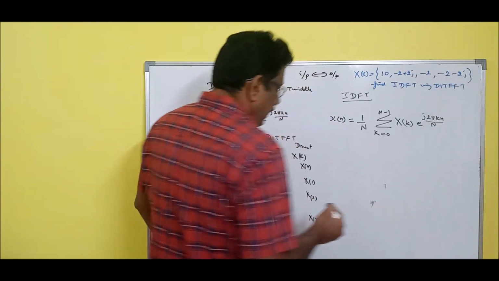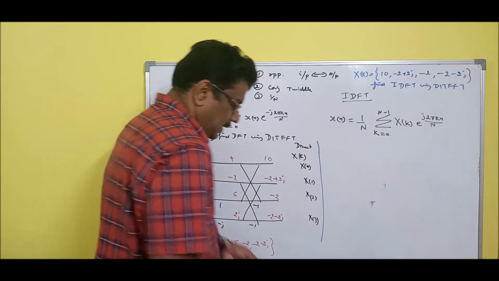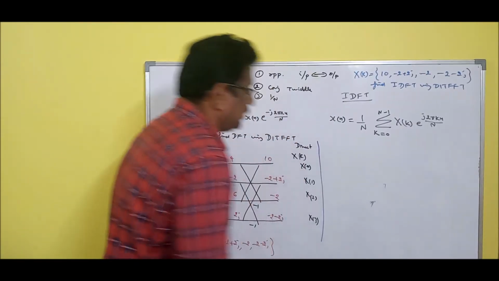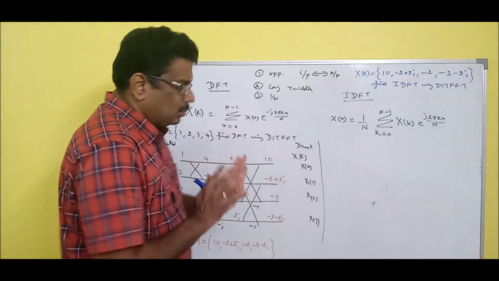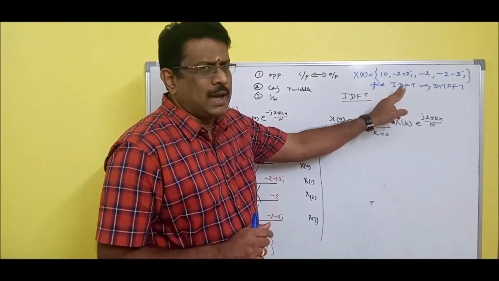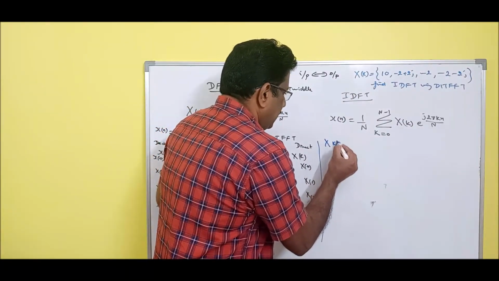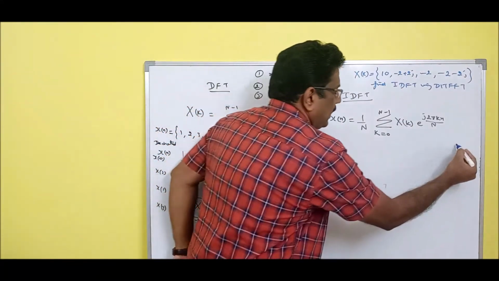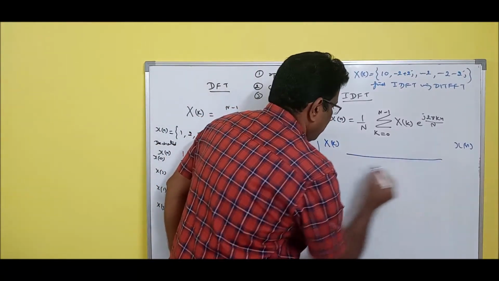Carefully remember, the problem entirely is going to be different. Be careful with the calculations. My dear, you should not confuse. The question is IDFT, which means input should be x of k, output should be x of n. It is 4 points.